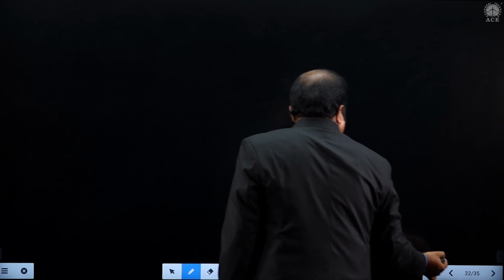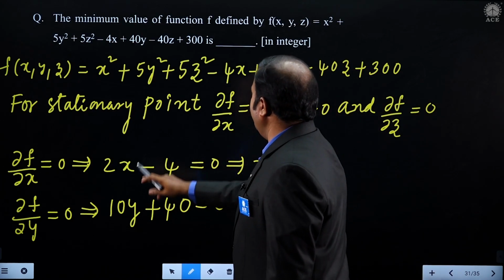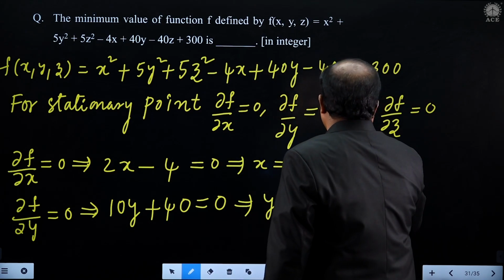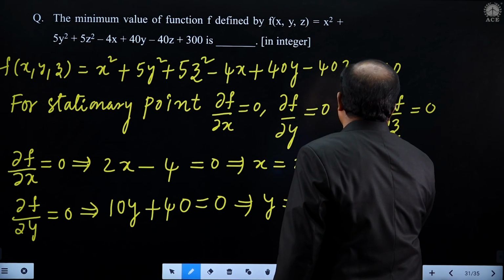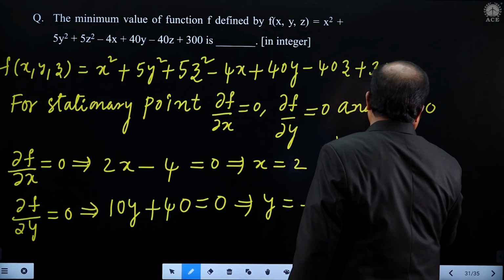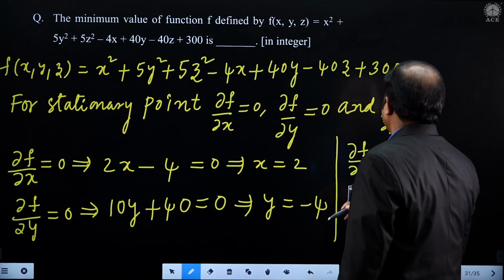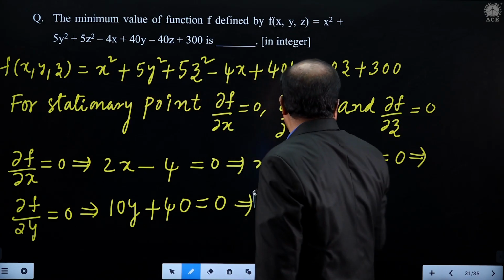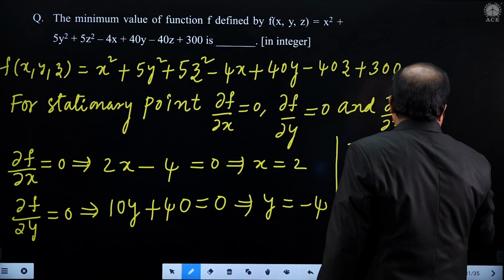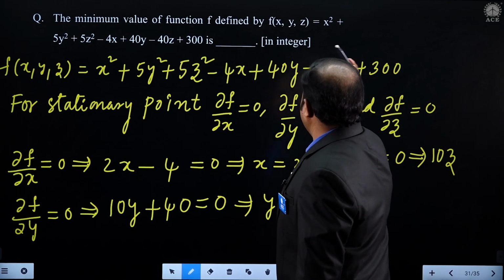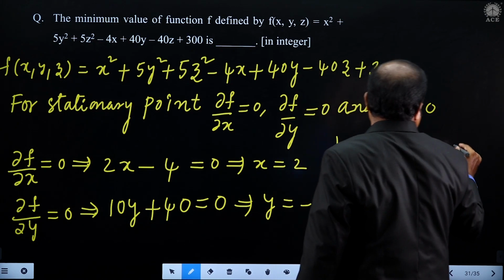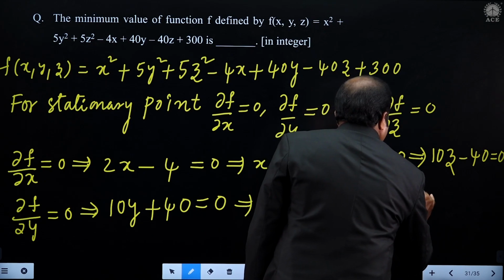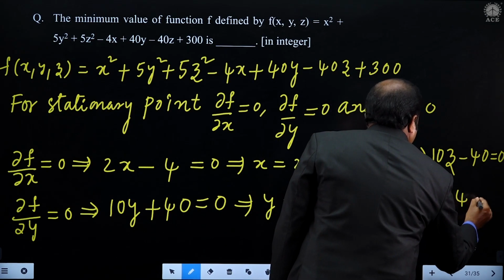Next, similarly, dou f by dou z equal to 0 means 10z minus 40 equal to 0. That implies z equal to 4.